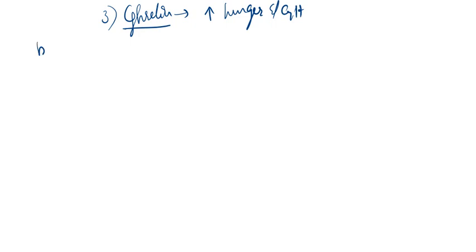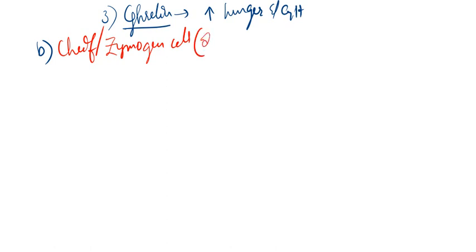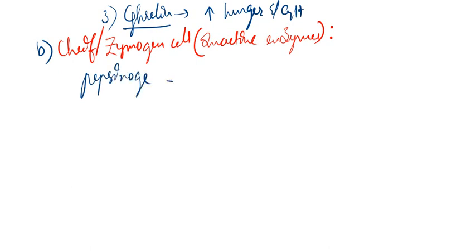Now coming to the second type of cells, the chief cells, also called zymogen cells. They produce inactive enzymes. They produce pepsinogen, which in the presence of HCl converts to pepsin, the active form.